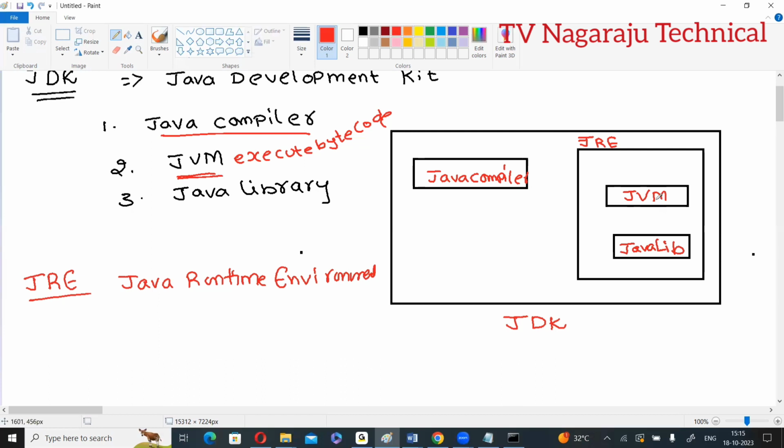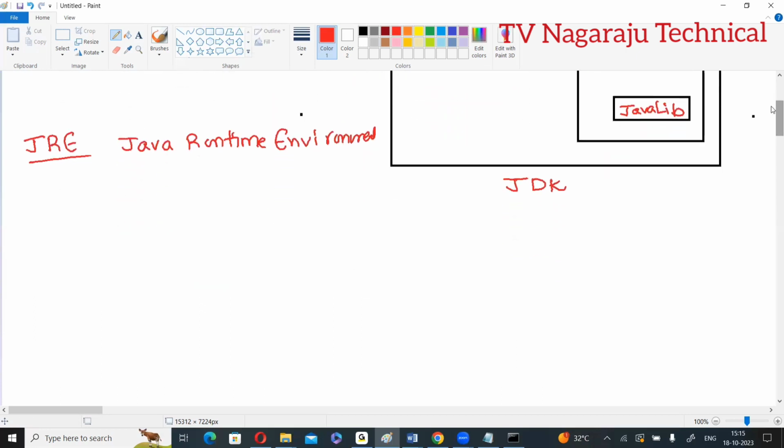Simply, JRE is a set of software tools for developing Java applications. Environment means the place. JRE provides the runtime environment.